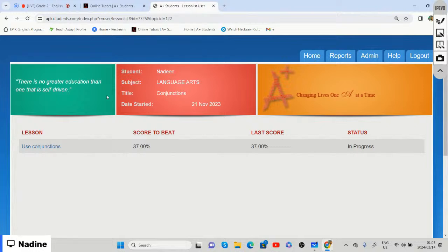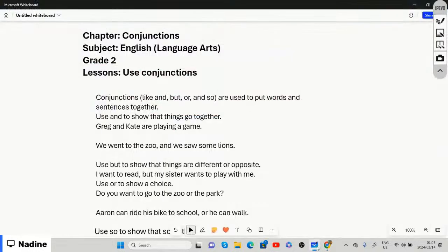All right. So our chapter is conjunctions. Our subject is English language arts, grade 2. And the lesson that we are focusing on under the chapter of conjunctions is to use conjunctions.